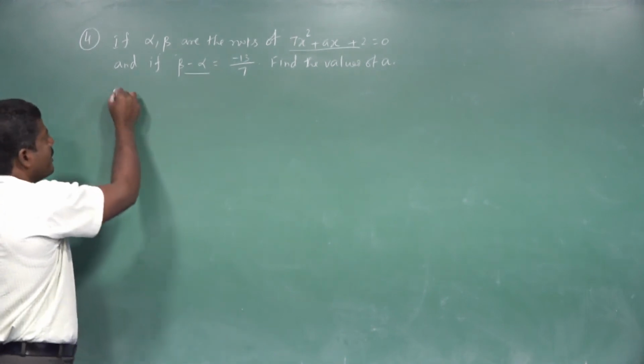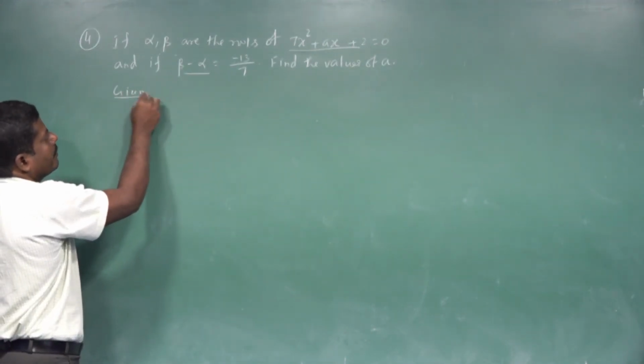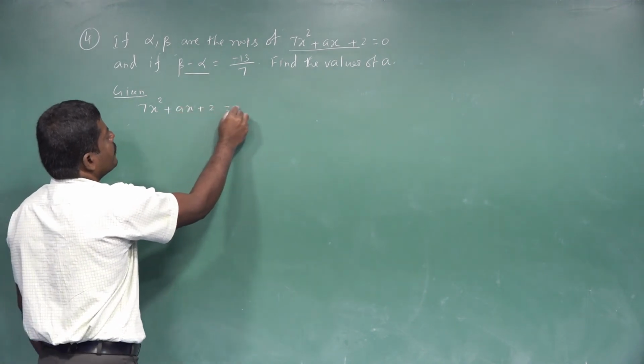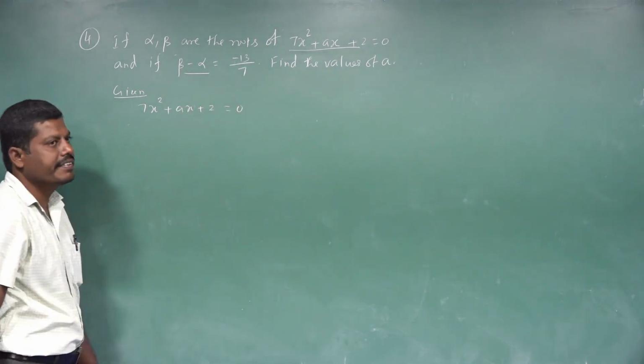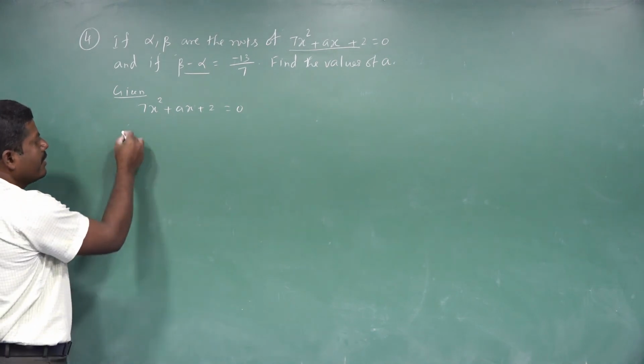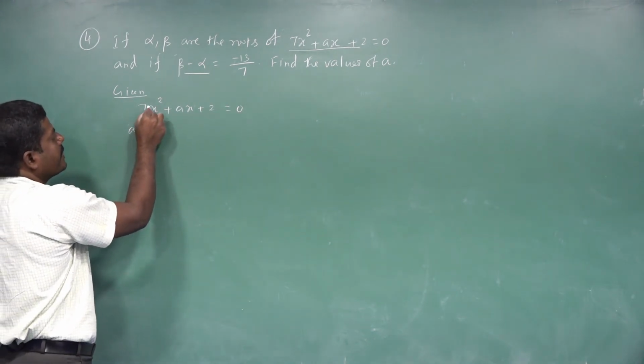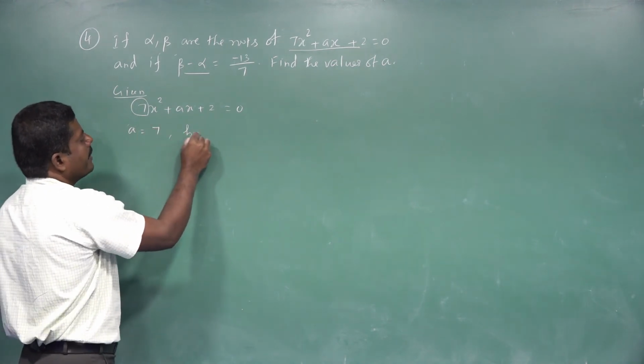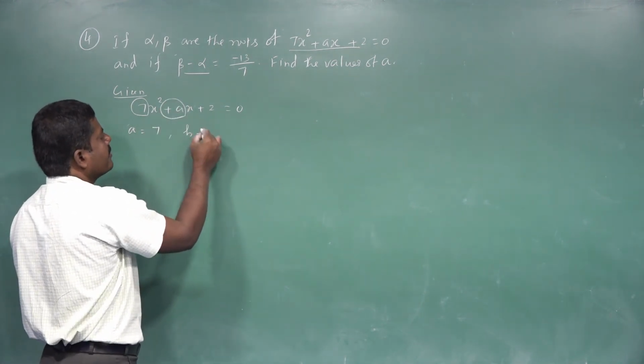Understand? Now you take that quadratic equation 7x square plus ax plus 2 equal to 0. From this quadratic equation we can take the a, b, c values. Here the value of a is the coefficient of x square, 7. The value of b is the coefficient of x, a.